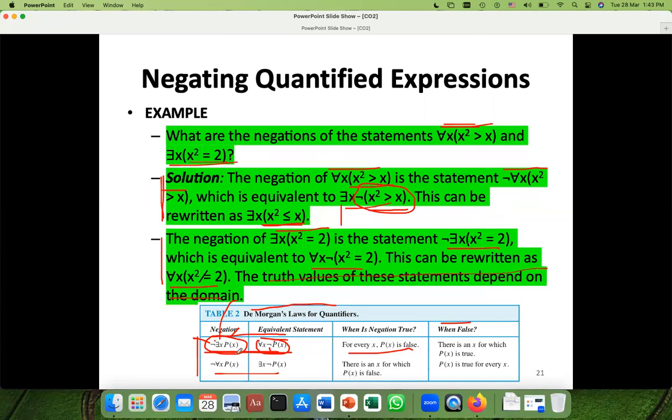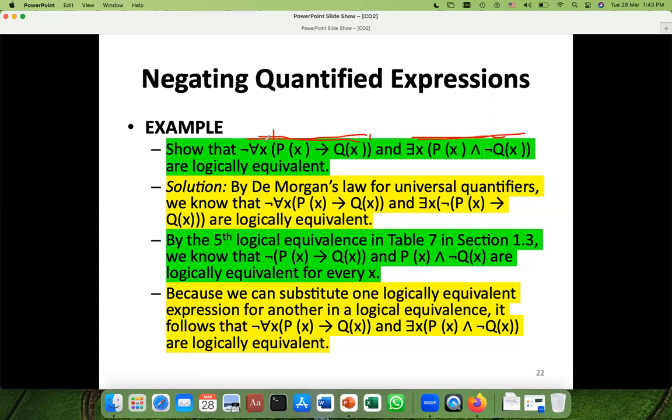So if you will apply this concept of quantifiers to solve the negation, so this negation is outside. So what will happen if this negation will move forward? It will come here at this position. And then this universal will be changed into there exists x. And the negation will be here at this position.